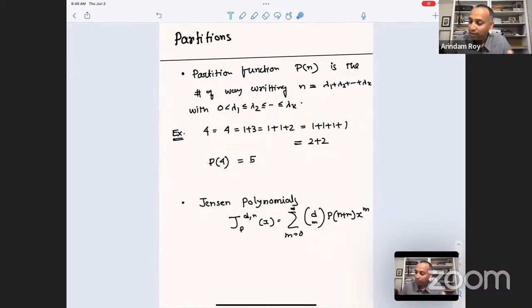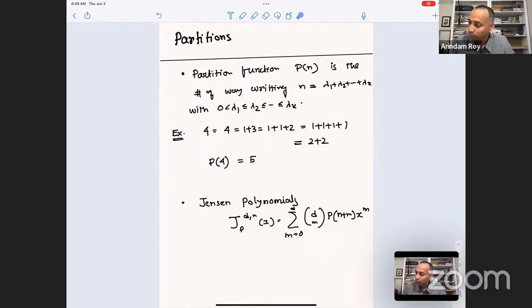Now, the mainstream of the study of partitions is, I believe, looking at various arithmetic properties, and whenever I say various arithmetic properties, I kind of focus on one part, looking at congruences. So if you think of the partition function as a sequence, are they satisfying any congruence relation, and so on. But there is another side of study, and this is less observed, which is looking at some analytic properties of the partition function. So one of the analytic properties is, let me first look at the Jensen polynomial for the partition function.